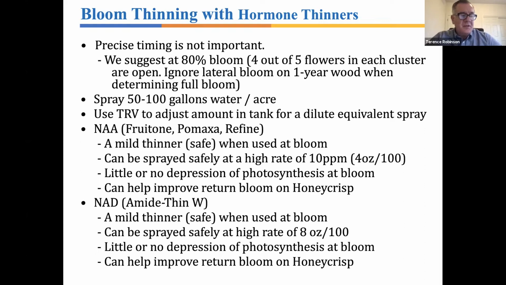We've measured photosynthesis many years back, and NAA does reduce photosynthesis when applied at 10 millimeters, and that's one of the ways it helps to thin. But at bloom, it has very little impact on photosynthesis. But we have seen in repeated studies that it does help return bloom with Honeycrisp as long as the seed number is not way too high.